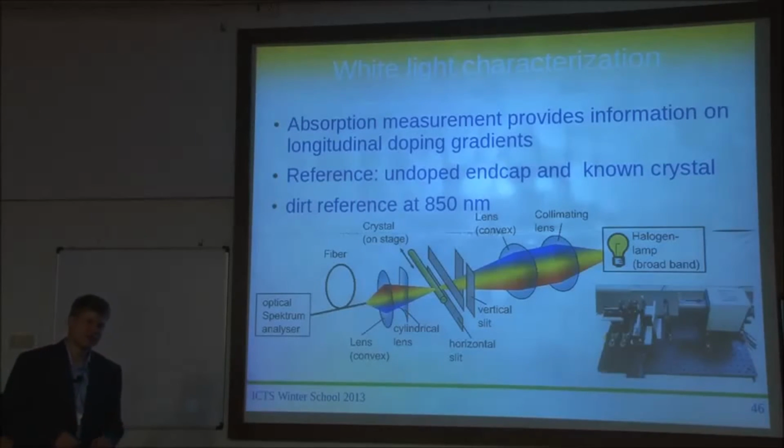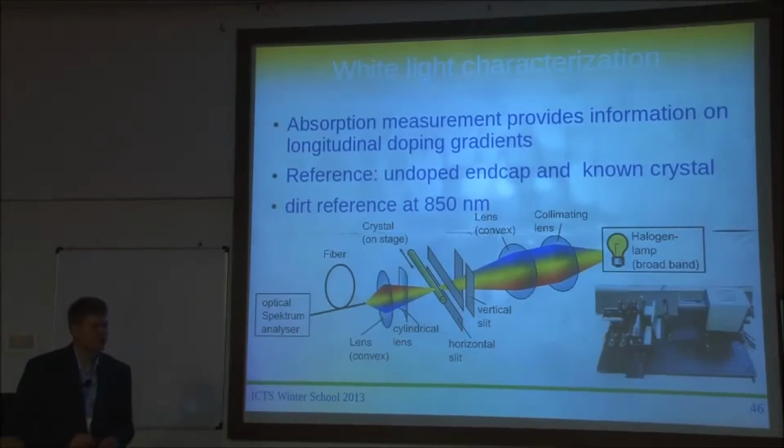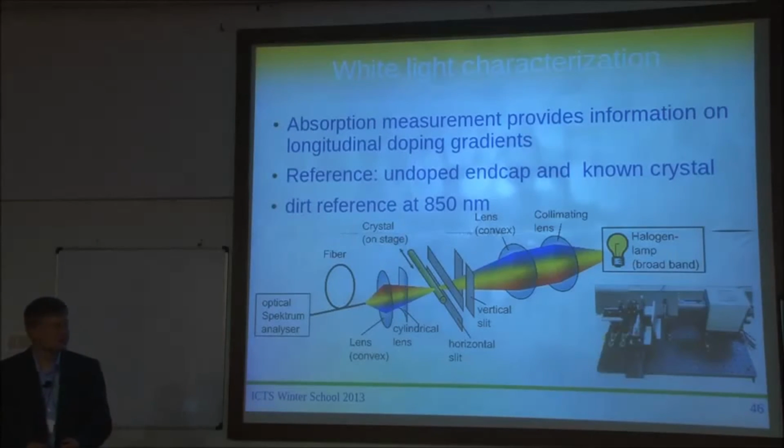So you use a certain wavelength for your analysis. You kind of get two reference points. One is for zero absorption somewhere in the undoped end cap. The other one is this spectrum that you know already. Then you want to grab some information on how your light source behaves. And then you analyze this little fraction of the crystal here with this method.